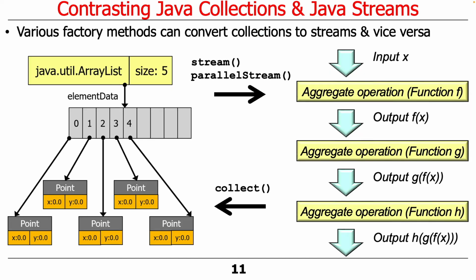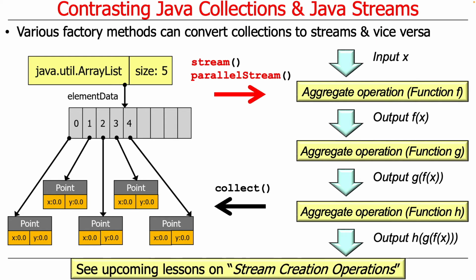Now, just to help connect all the different pieces, there are various factory methods that you can use to convert collections to streams and vice versa. So we can use things like stream and parallel stream to take collections like array lists or hash maps or tree sets and whatnot and convert them into streams, and then we can apply a bunch of processing.